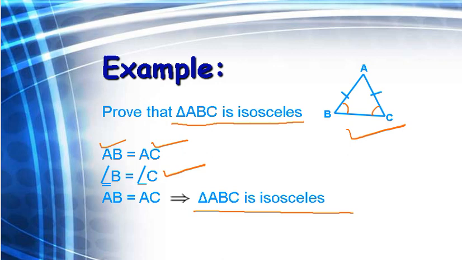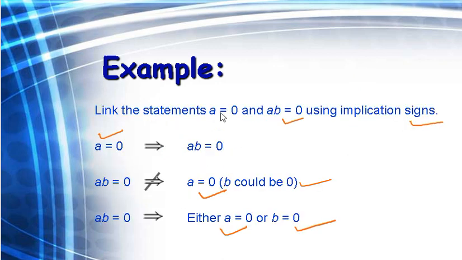Take an example to understand this, right? Here is the slide. Link the statement: how to link it, how to connect it? So A equals 0 and B equals 0. Using the implication sign, how can you say A equals 0?